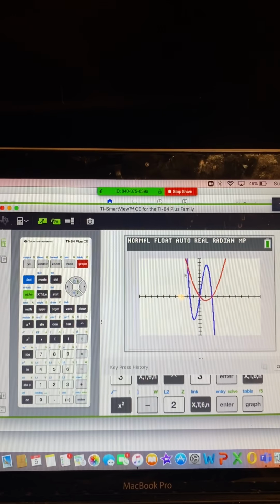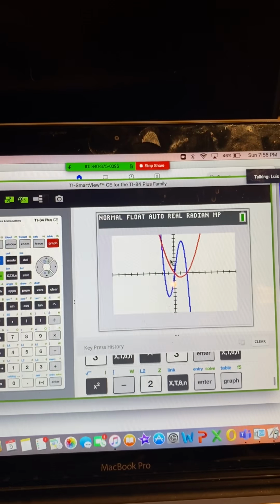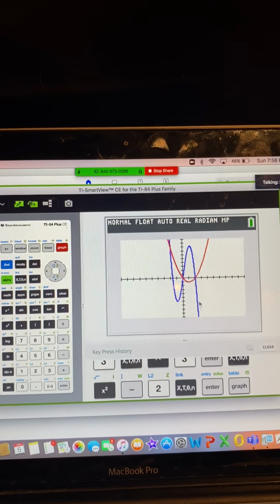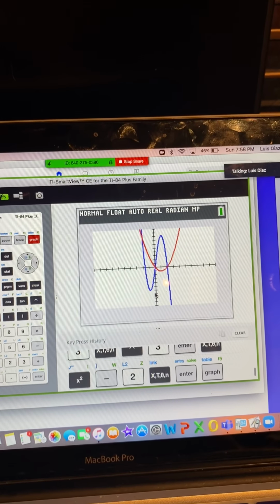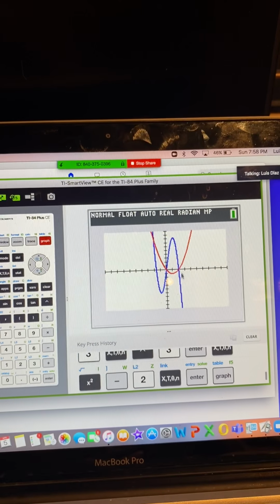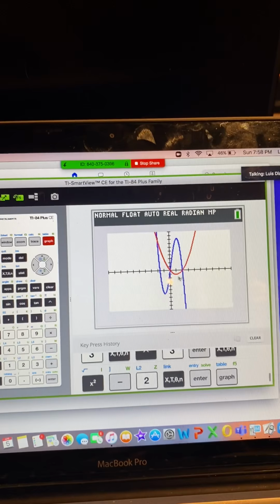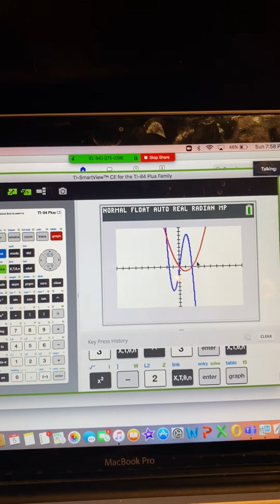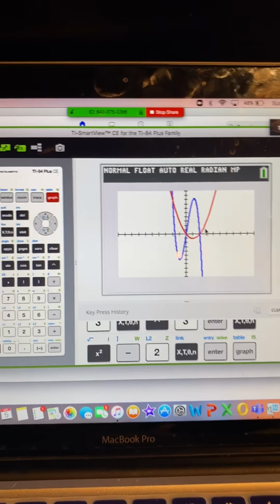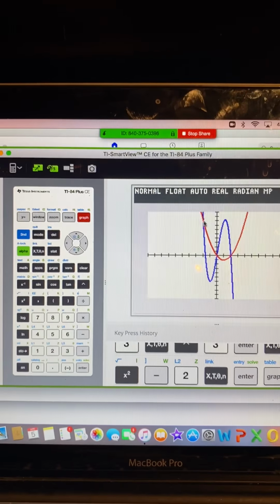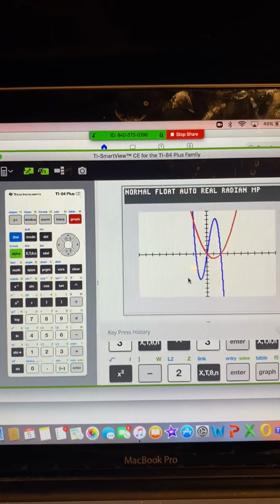Over here, it's going to be the parabola, which is x squared minus 2x, minus the cubic function, which is 10x plus x squared minus 3x cubed. And from 0 to here, it's going to be the cubic function minus the quadratic function. Now, the first thing I've got to do is find my points of intersection, which looks to me like it's going to be -2 to 0 and 0 to 2, but I've got to double check.